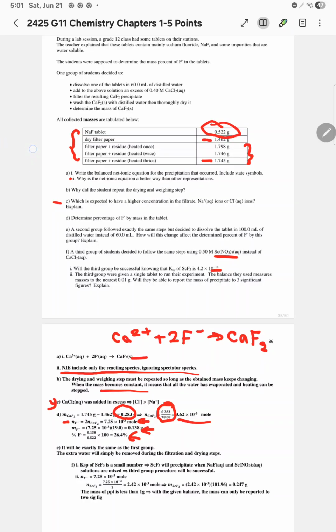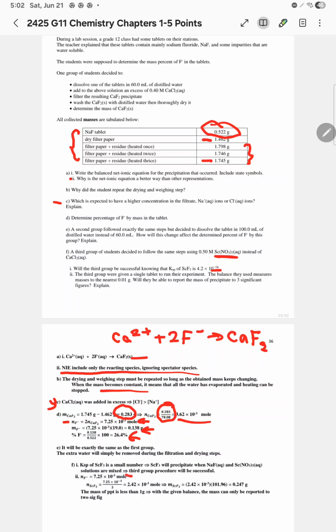Now, the last group were given a single tablet to run their experiment. The balance they used measured masses to the nearest 0.01 gram. Will they be able to report the mass of precipitate to 3 significant figures? So we have to calculate the mass.